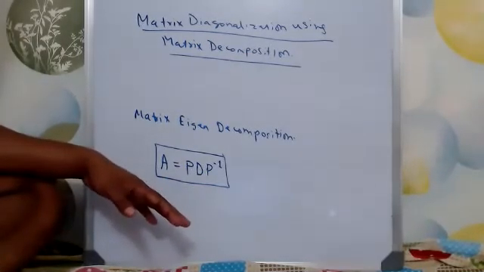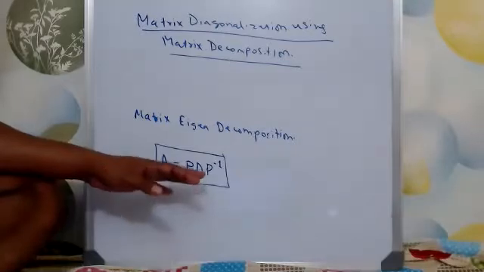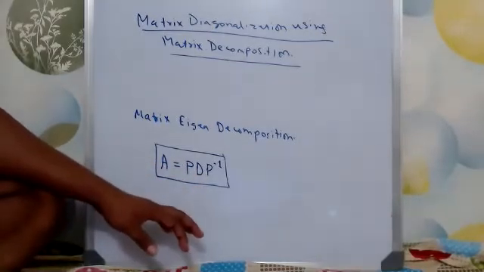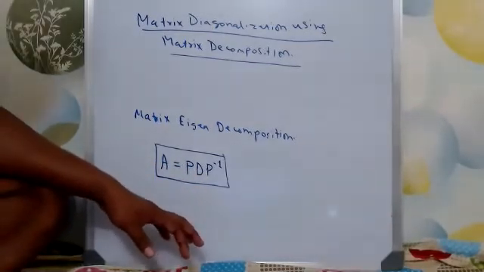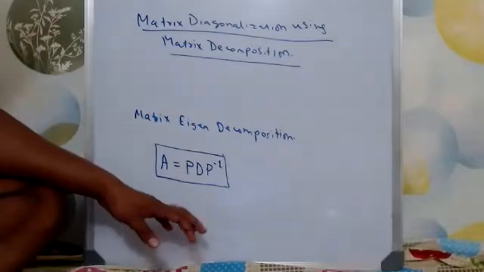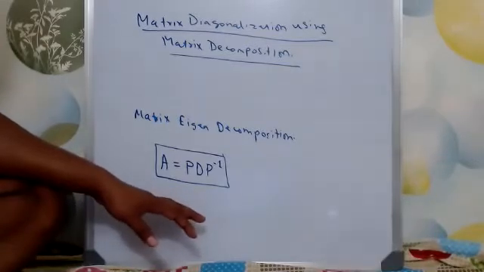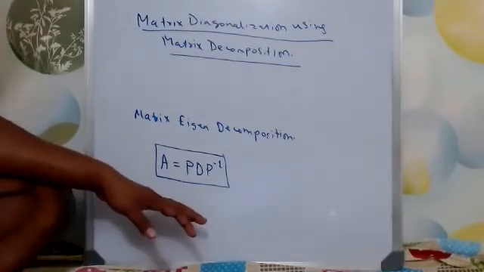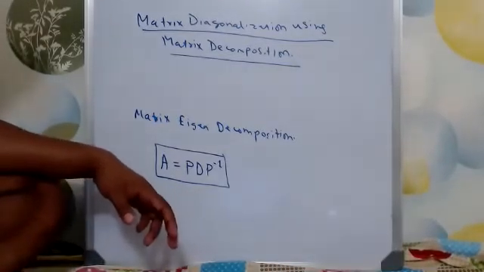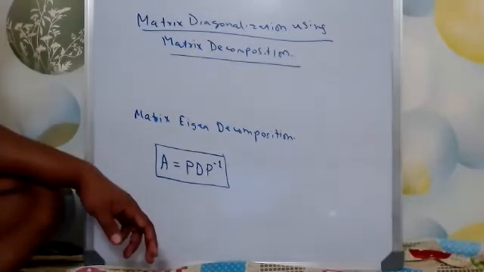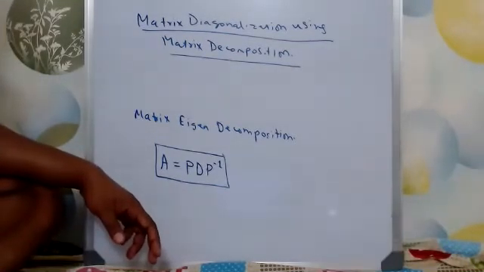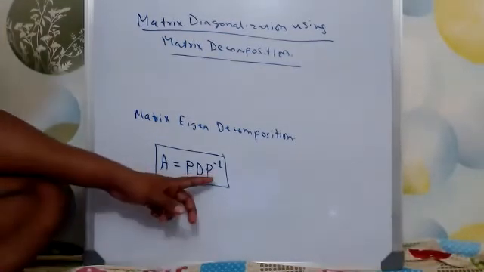You have to remember. What is the only condition in this decomposition to be true? This entire decomposition, what is the only condition that needs to be true? The P inverse should exist.